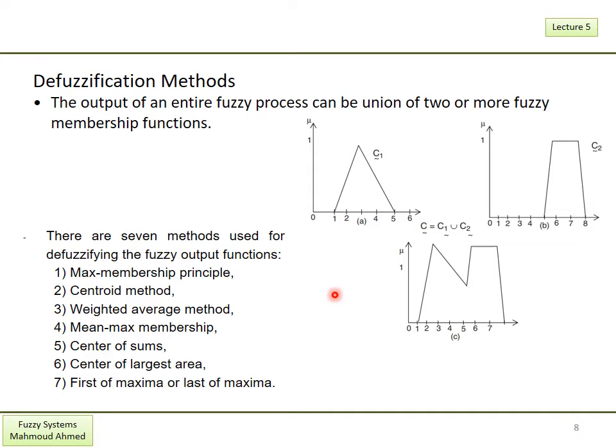After solving the example for lambda cuts, now we are going to extend the concept of defuzzification by presenting some methods in order to defuzzify, as we said, a fuzzy membership function and convert it at the end to a crisp absolute value.